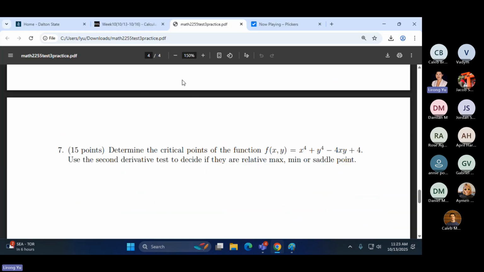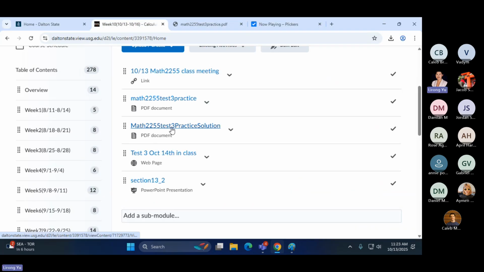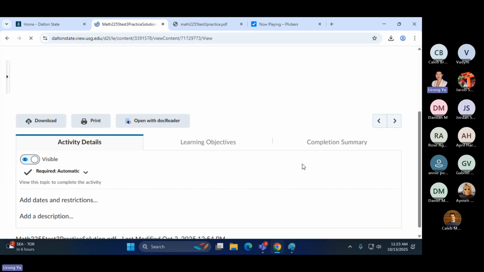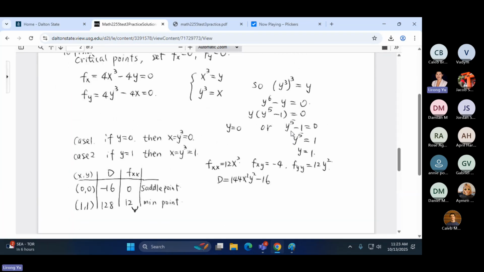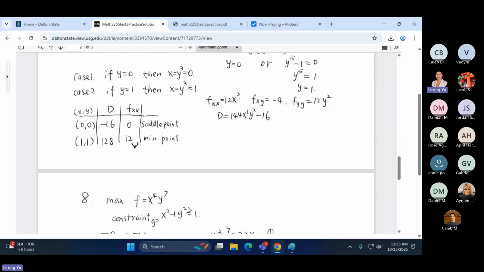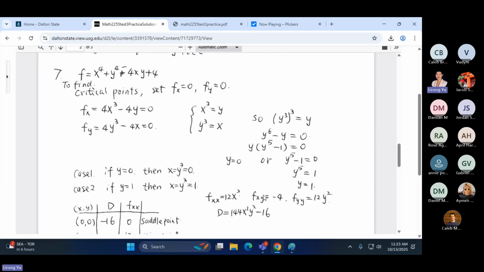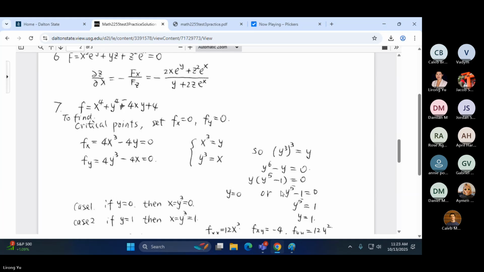And I already have the solution here, and we're comparing that answer. It's different. So 0, 0, 1, 1. There's no negative 1, negative 1. At the beginning, it was the same.